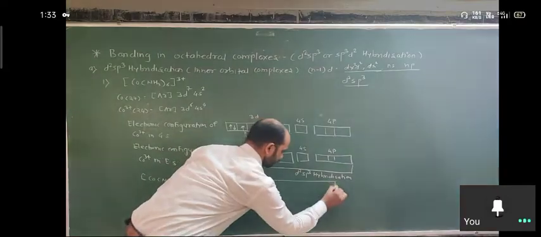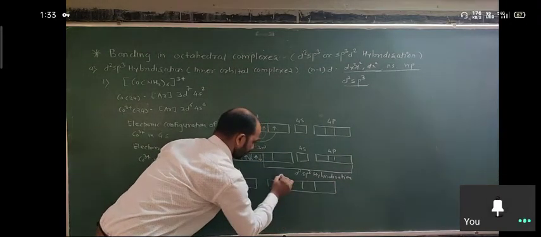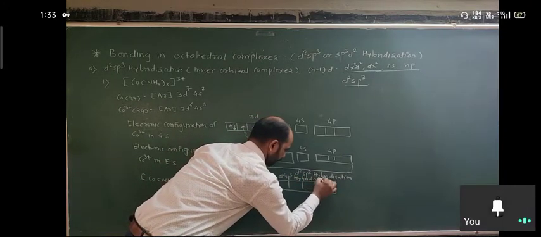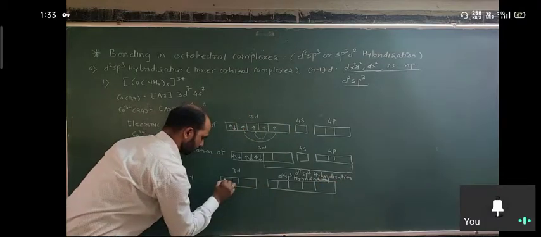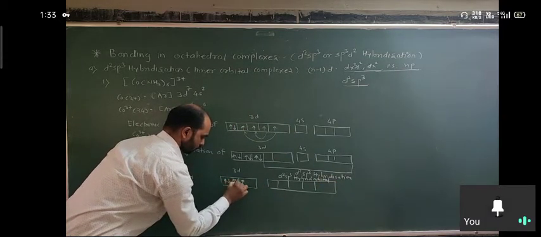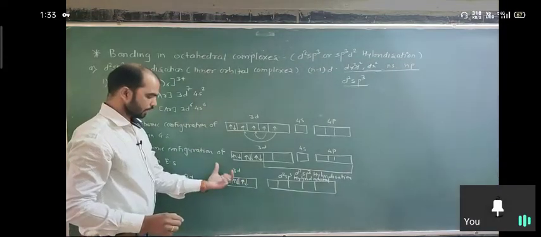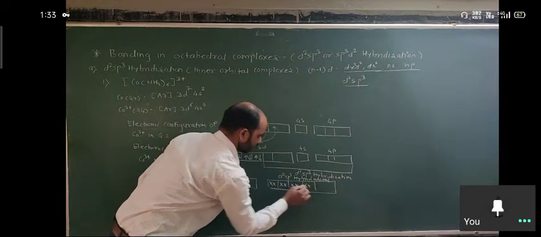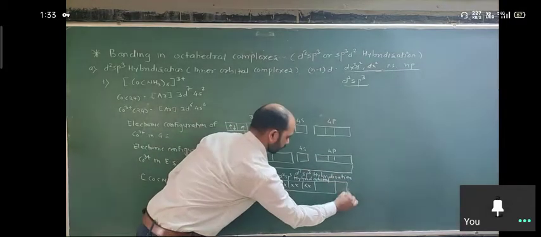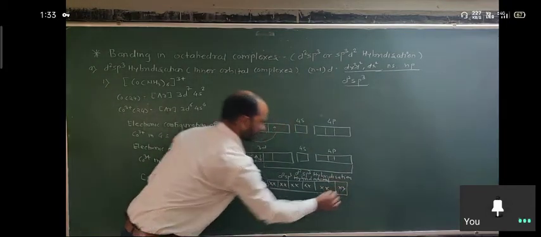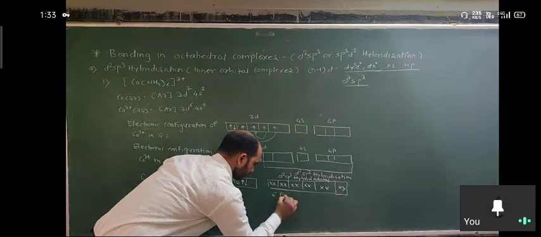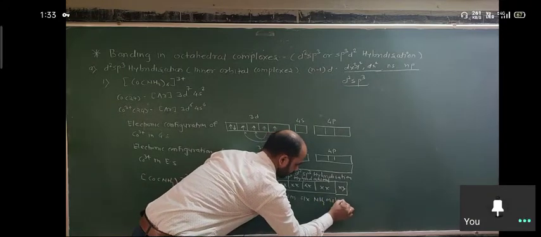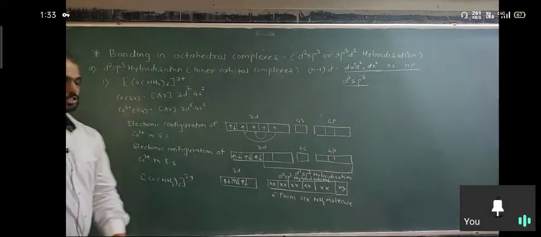That means it is the d2sp3 hybrid orbital, and here are the 6 electrons of cobalt in the inner orbitals and the electrons coming from 6 NH3 molecules.